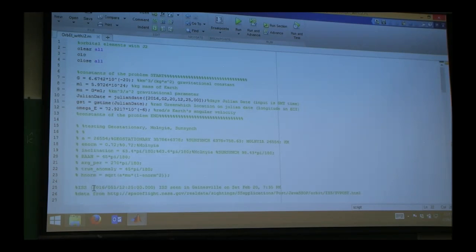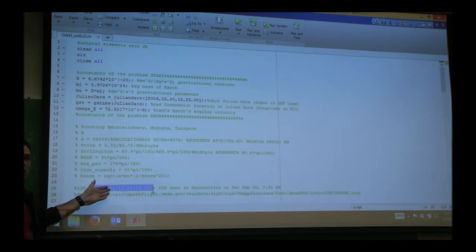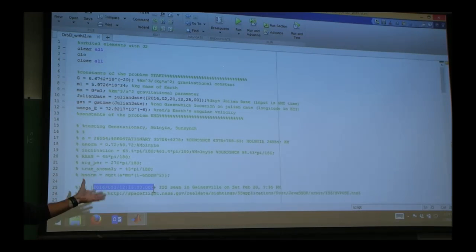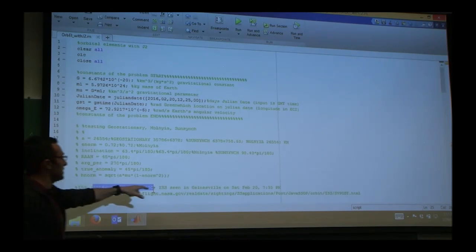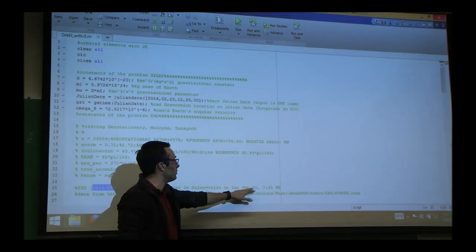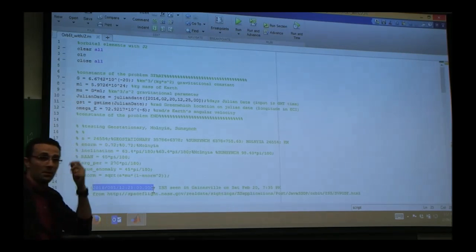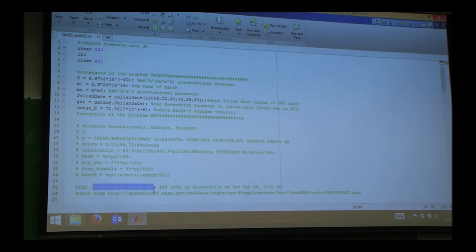It was on that day, the 20th of February at 12:25. So if you add another 12 hours, it's about midnight and 25 plus a few minutes. So it looks like it's matching what the other website was telling me, that you were able to see the station at 7:35 p.m. Gainesville time.